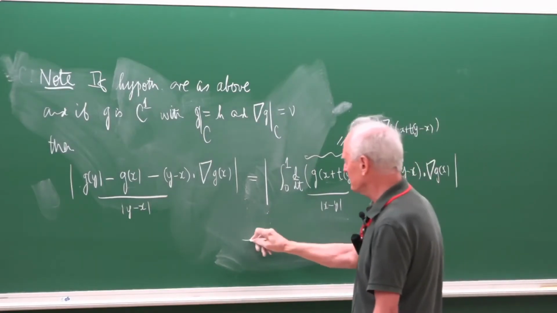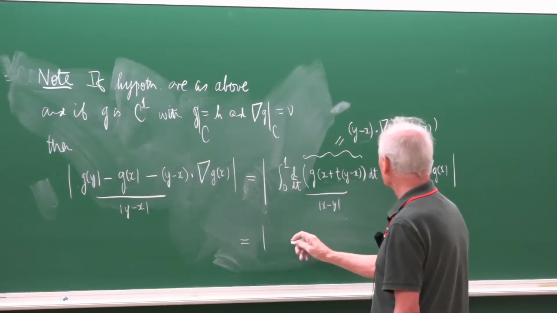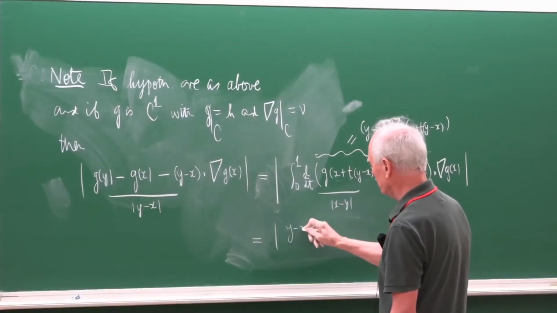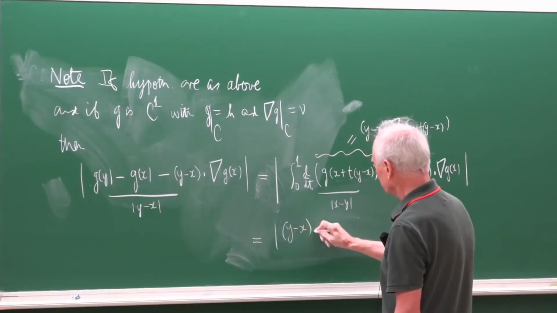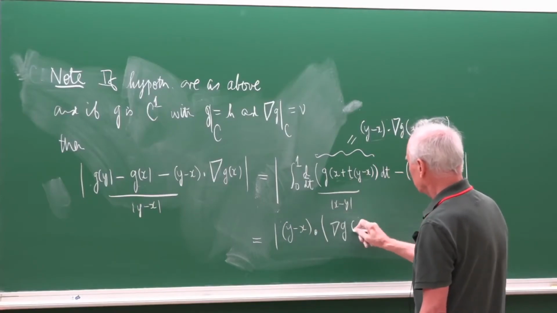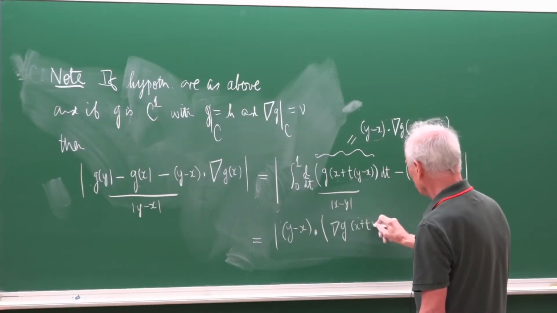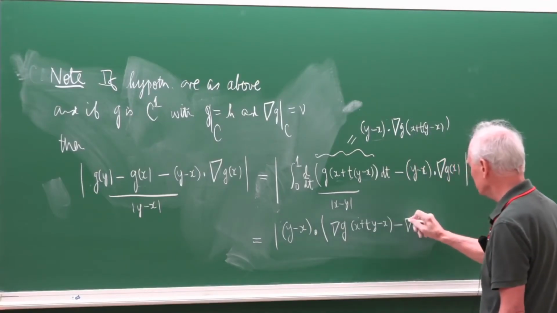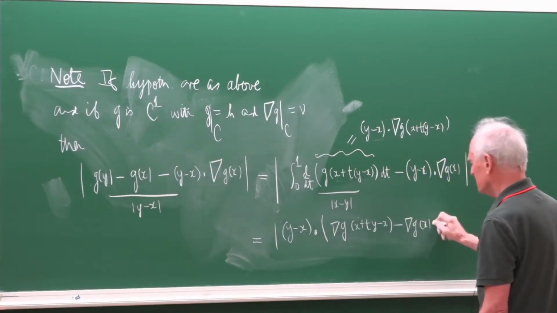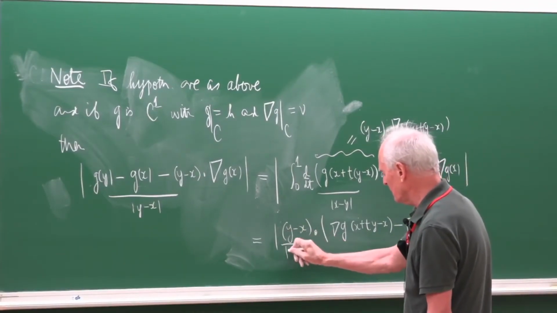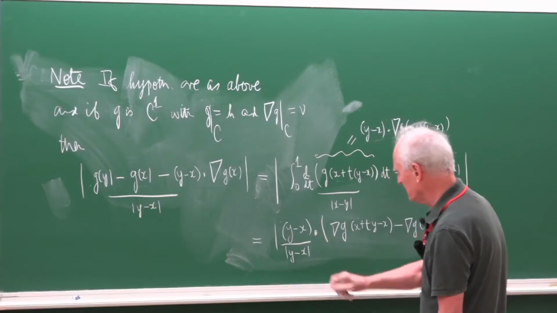So in fact, this is equal to, there's a common factor of y minus x here. So this is y minus x dotted with the gradient of g at x plus t times y minus x, minus the gradient of g at x, all divided by mod y minus x.